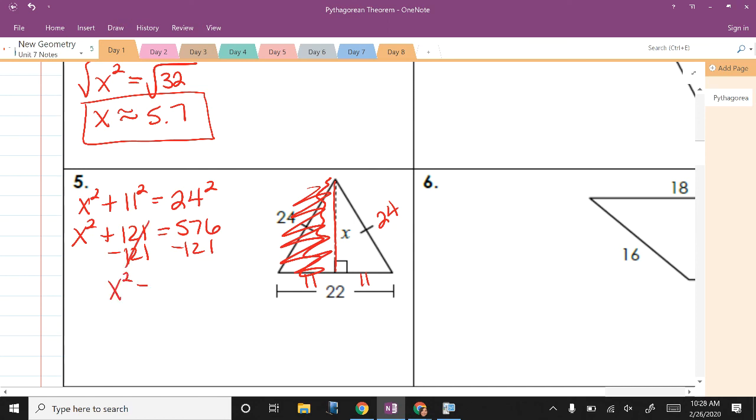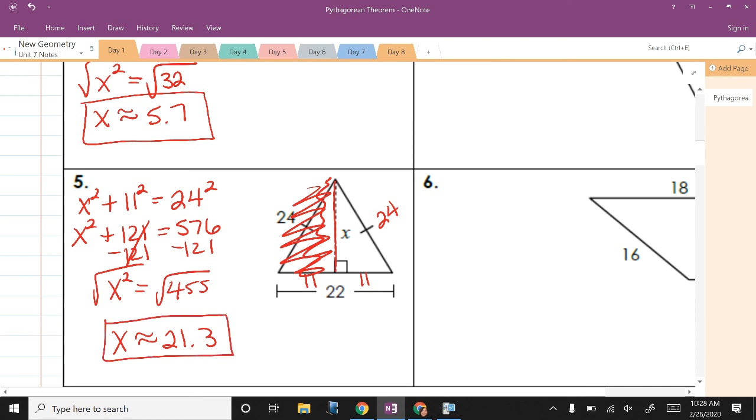So x squared equals 455. And take the square root. Round it to one decimal place. X is approximately what? About 21.3. And that is smaller than the hypotenuse, isn't it? Good job.